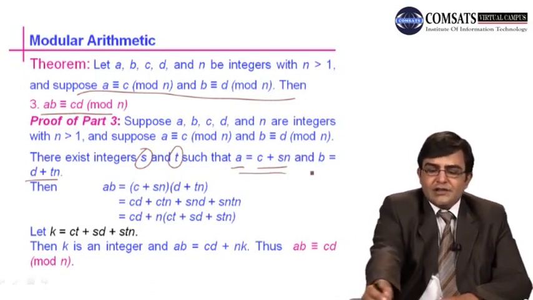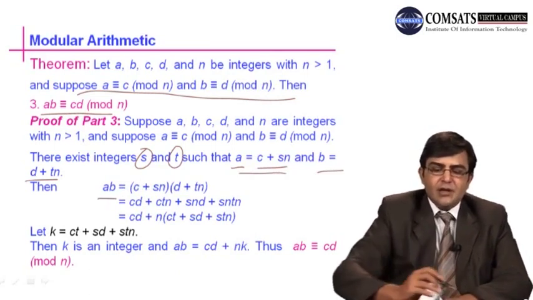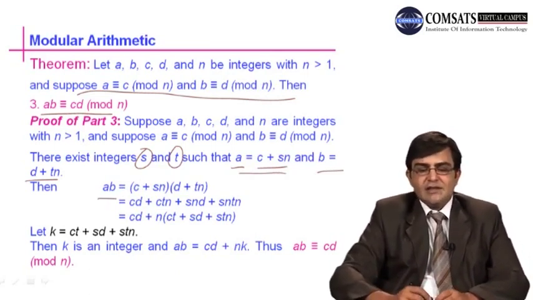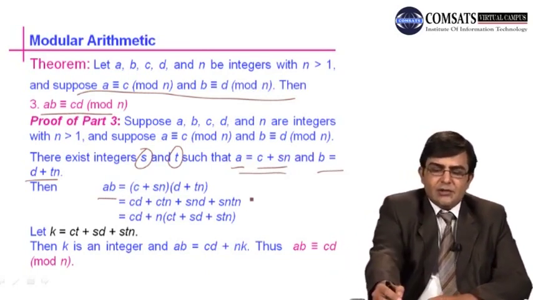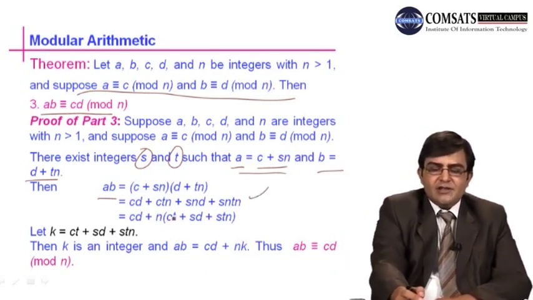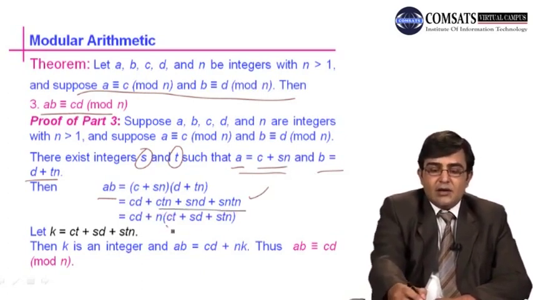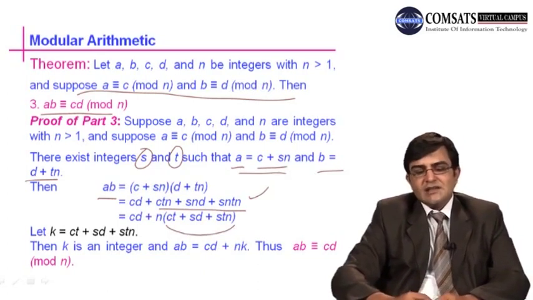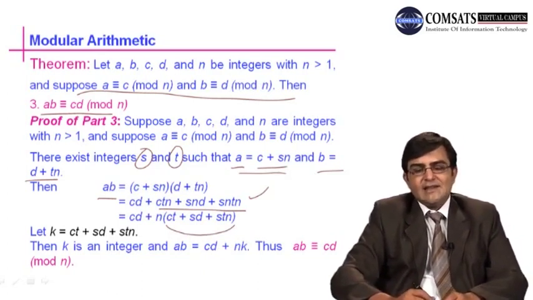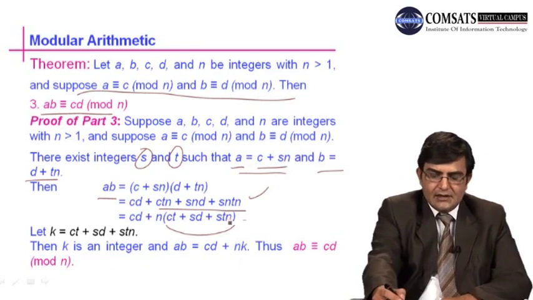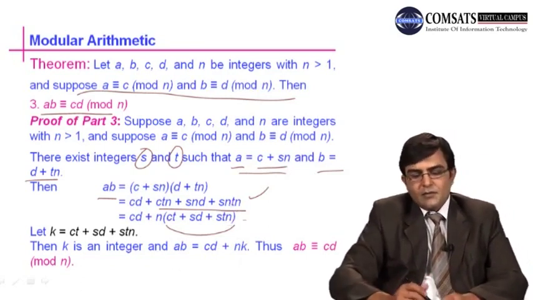We multiply both these: ab is equal to (c plus sn) into (d plus tn). We perform the usual multiplication and take n as common. Now here we get ct plus sd plus st n, since we have n square, so we have one n here.